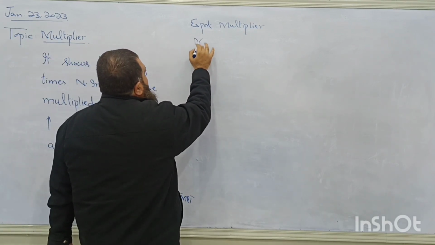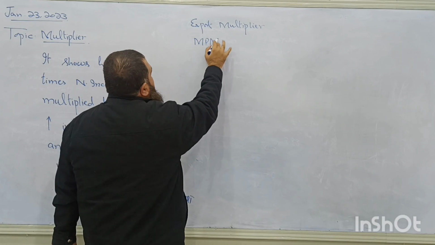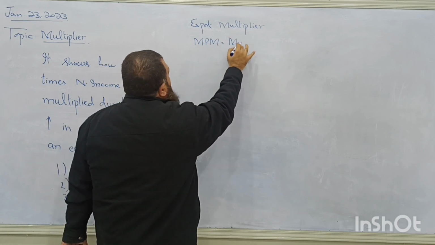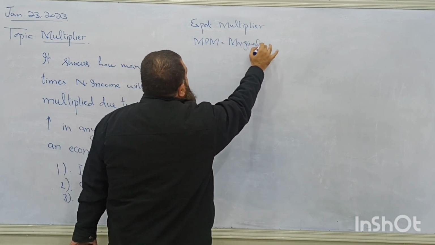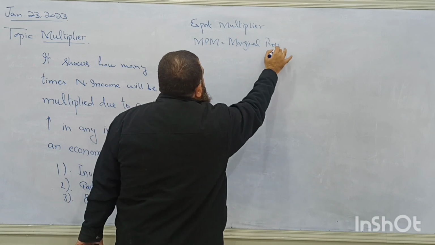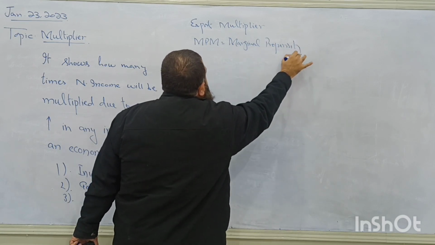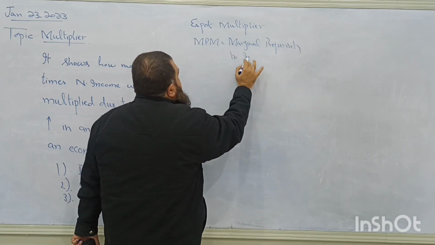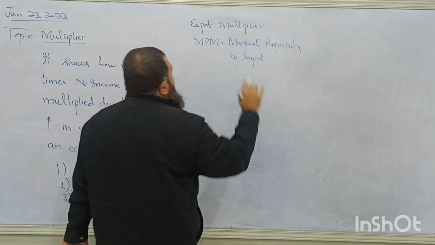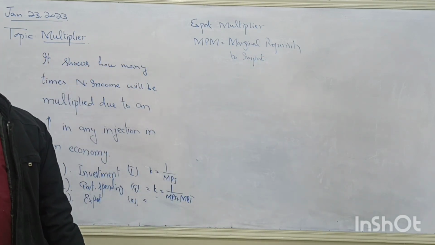So its withdrawal is MPM. This is what? Marginal propensity to import. This is a withdrawal of a four sector economy.